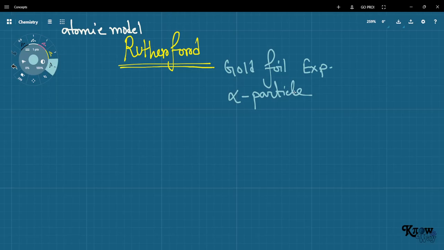The protons have not been discussed yet, so let's say the positive charge. Rutherford found out the location of the positive charge and the location of the negative charges. So let's get straight into it.